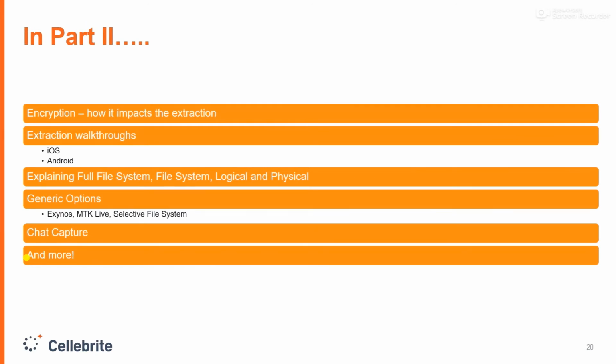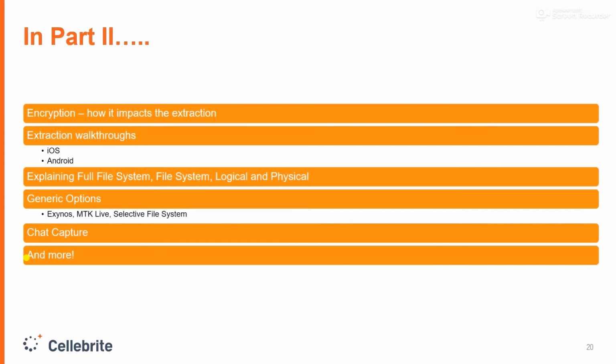So where I'm leaving you today and what I am leading you into. In part 2 of this series, I'm going to talk about encryption. So not only Android encryption, but file-based encryption and full disk encryption, iTunes encryption, how these things can impact your extraction. I'm going to walk you through some more extractions on iOS and Android. So we'll take a look at Checkmate.